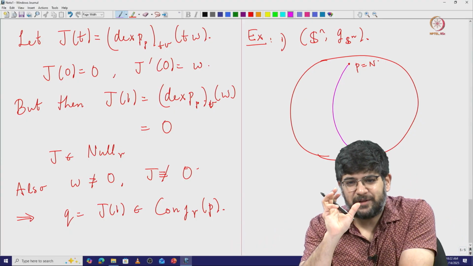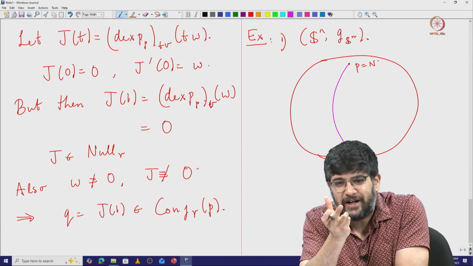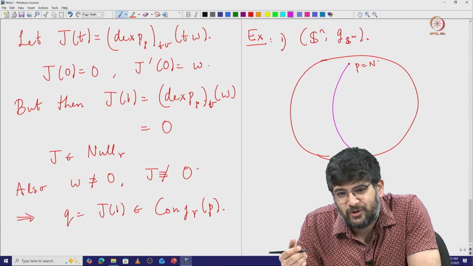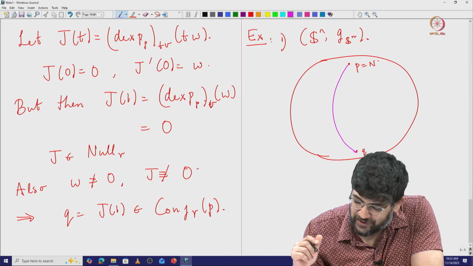Then Jacobi fields can be constructed by simply rotating the sphere, so you get a variation through great circles and then look at the variation vector field of that.